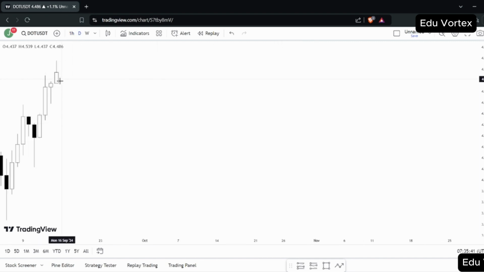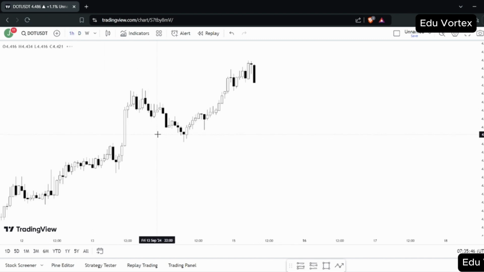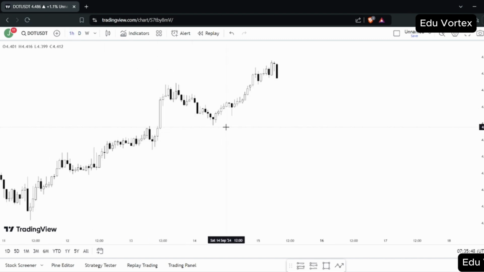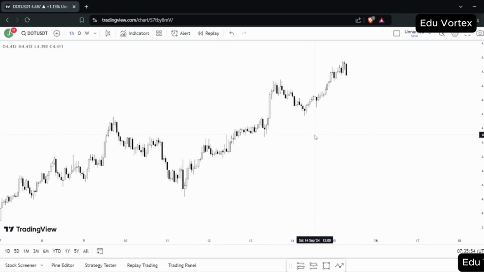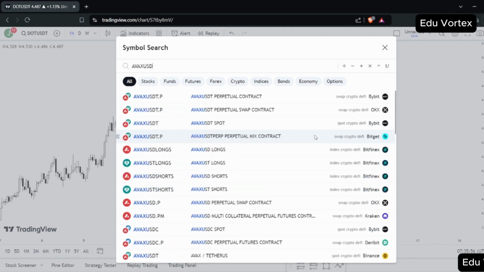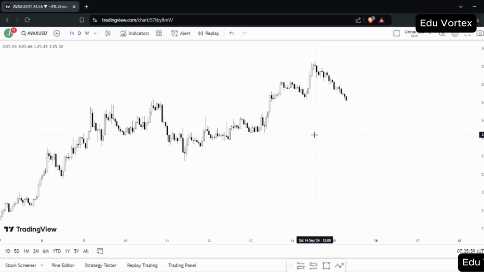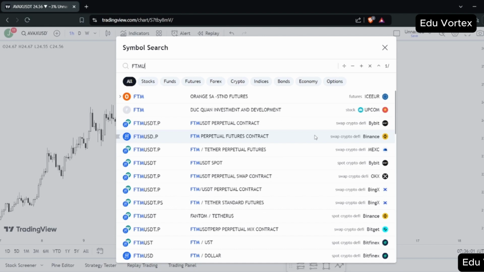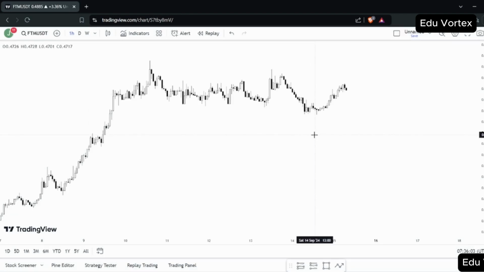I would prefer trading Polkadot that looks much more bullish, then I would be preferring to trade Ethereum in this case. Of course, all of them have bullish structures, but some are more bullish than others. Some look more bullish, some look ranging. So you understand what I mean.